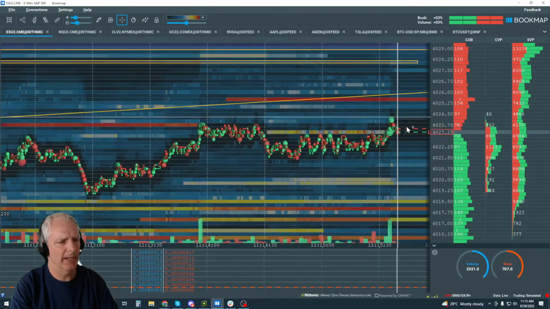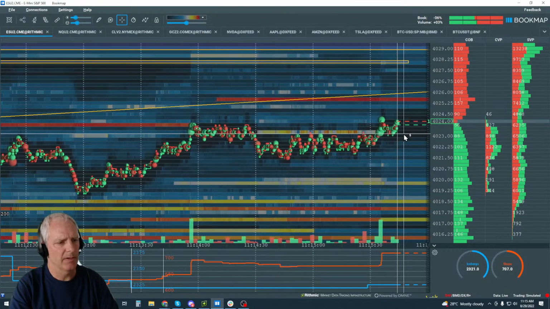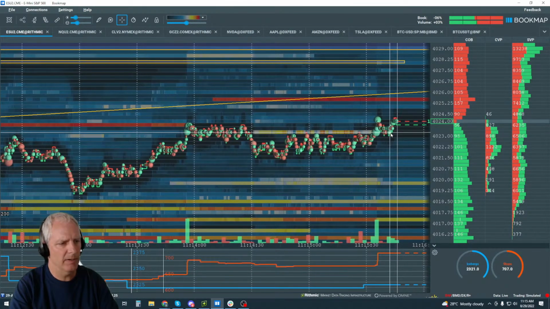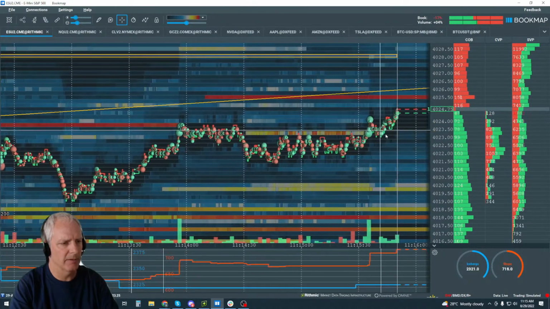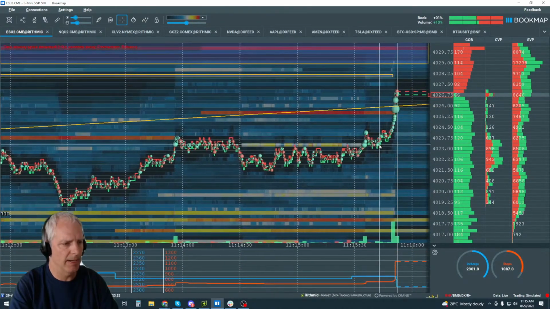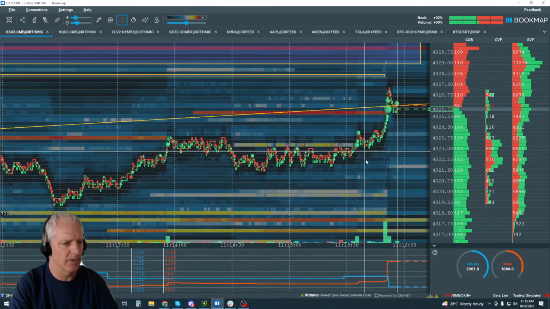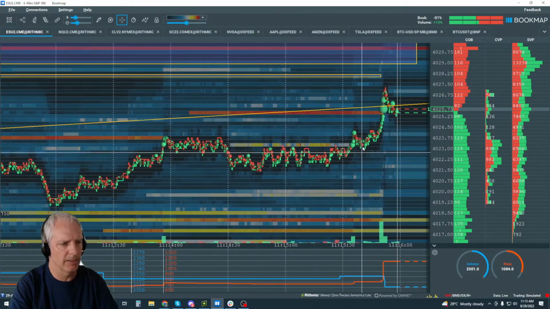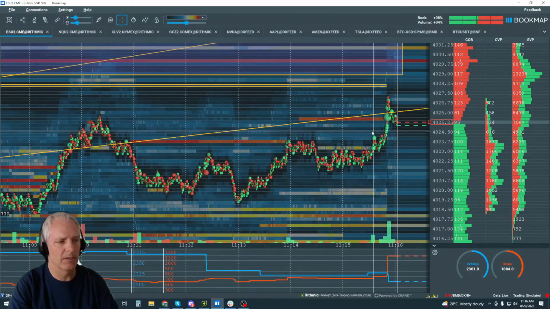Okay, there's a pullback. All right, let's see if the buyers support it here. Yeah, I don't like it even here on the pullback. It gives you a nice little potential entry right here. The book wasn't supporting it. Sellers could have ripped it right back down into these areas here. Okay, so not all the pieces are here in the order flow.